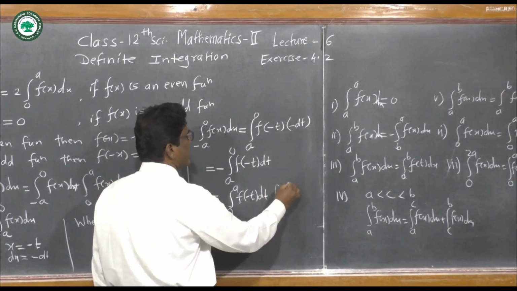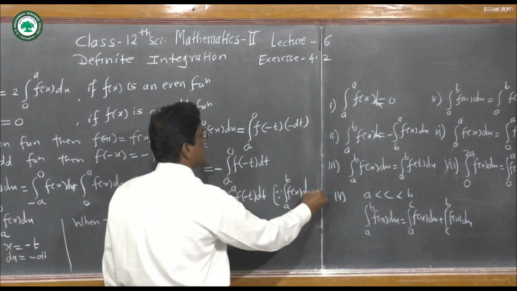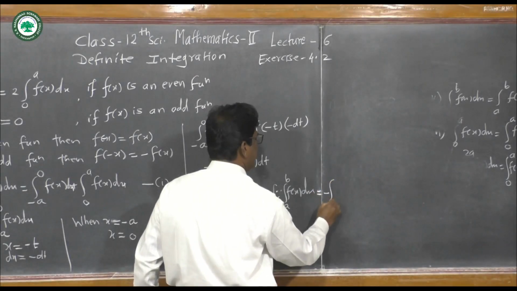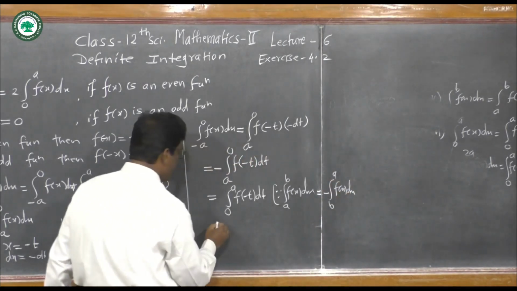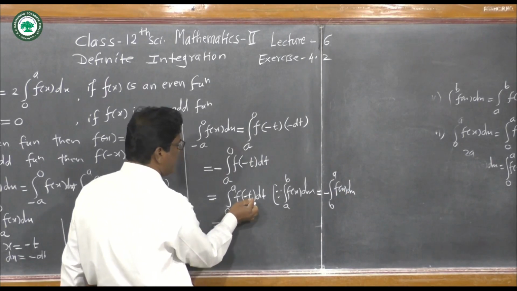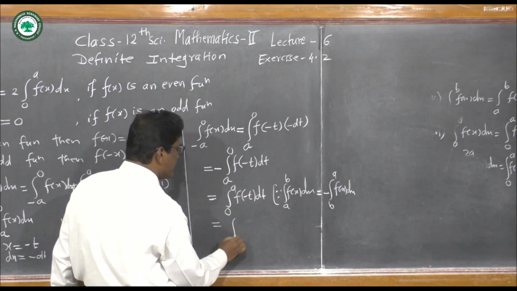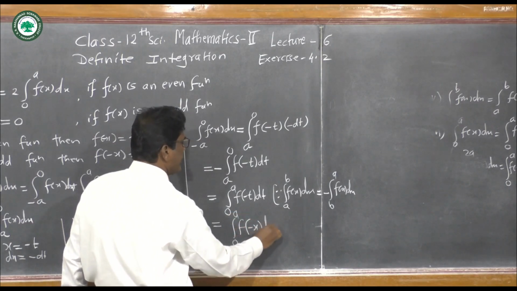So it is equal to, now we change the variable, instead of t we write x, so integration from 0 to a f of minus x dx.